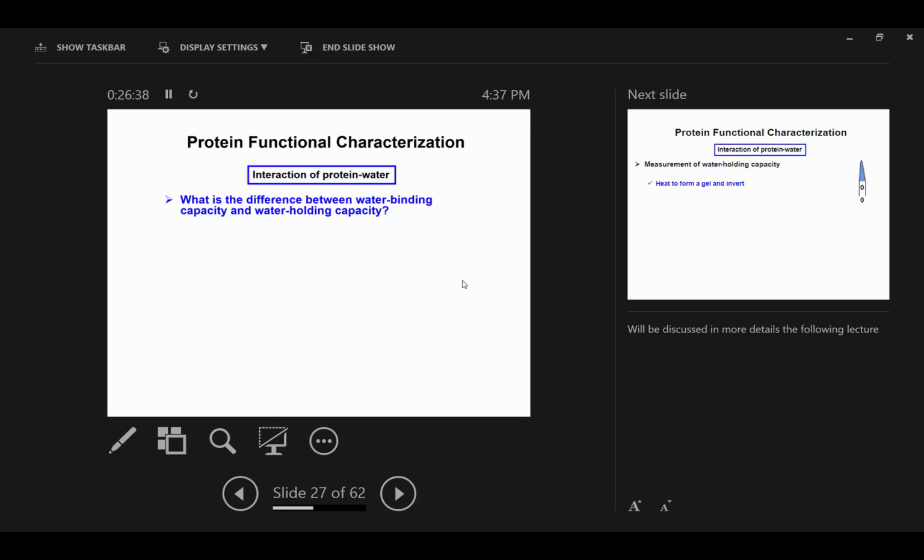Another functional property you're going to measure in the lab is water holding capacity. In food chemistry, we talked about water binding capacity and we talked about water holding capacity. Do you remember the difference between the two?